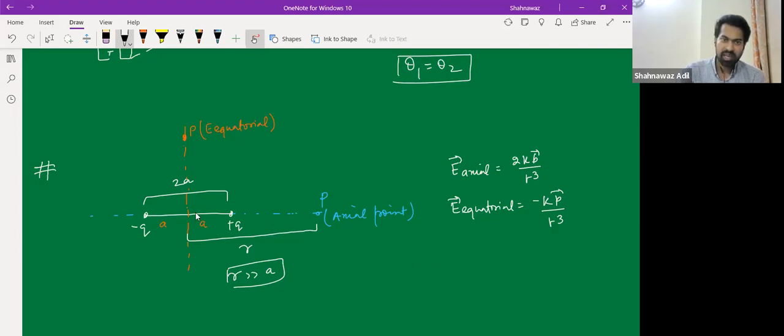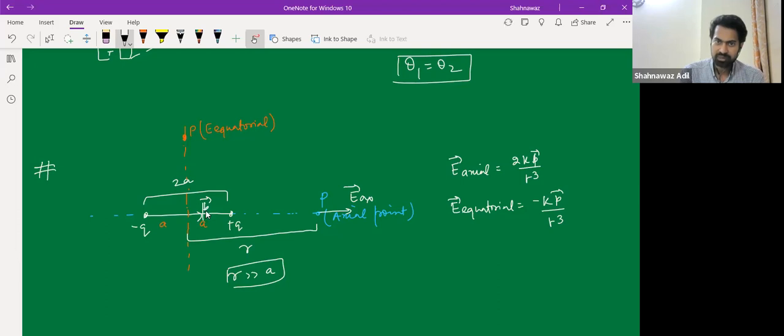So for the axial case, this is the direction of the dipole moment, right? The electric field is in the same direction as the dipole moment direction.